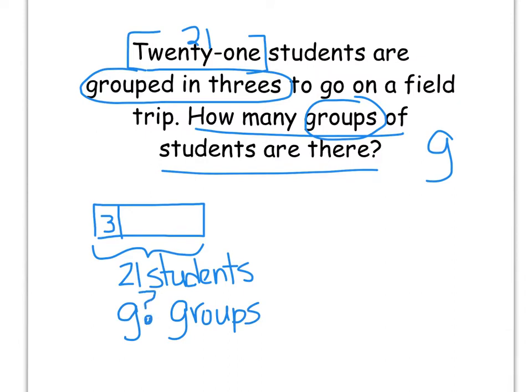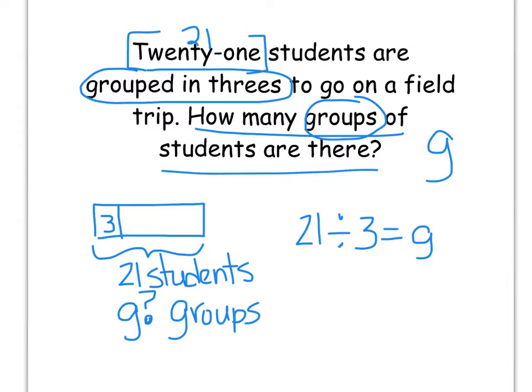So if I wanted to solve this as an equation, I would write 21 for 21 students divided by 3 equals G. I'm substituting in my variable G into my equation. So now I'm going to solve for G, and I can skip count by 3 up to 21.